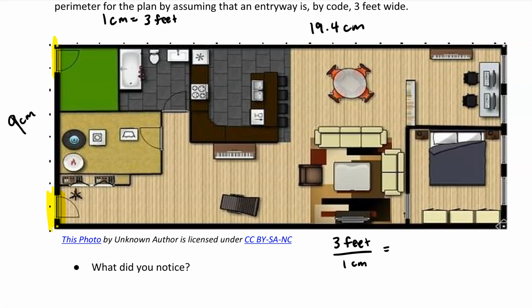And so let's do the length first. So we know that the length is 9 centimeters, and we don't know how many feet that is. So that's what we're trying to figure out. So what I'm going to do, just like in the last example, I'm going to multiply both sides by 9 centimeters.